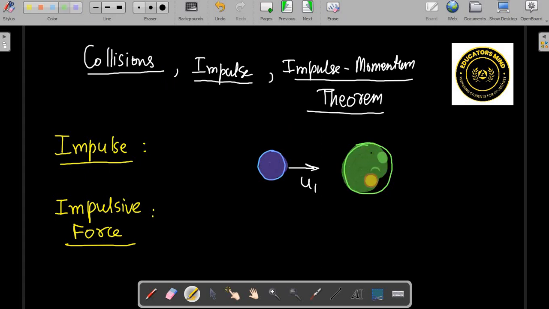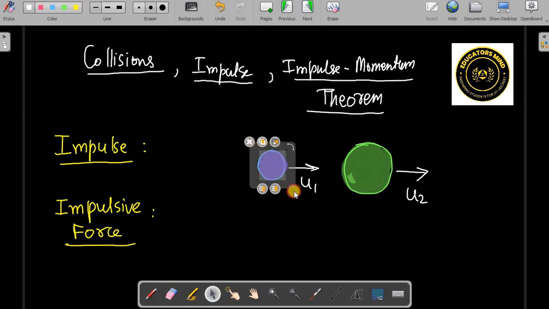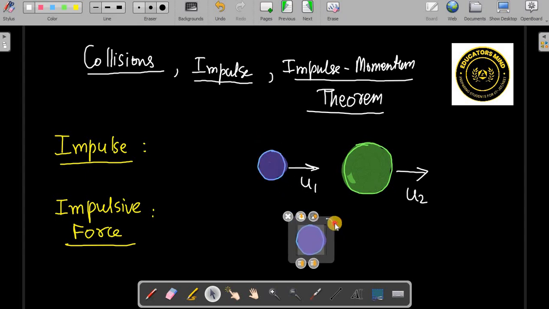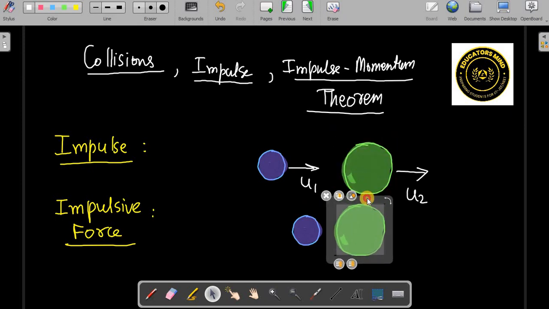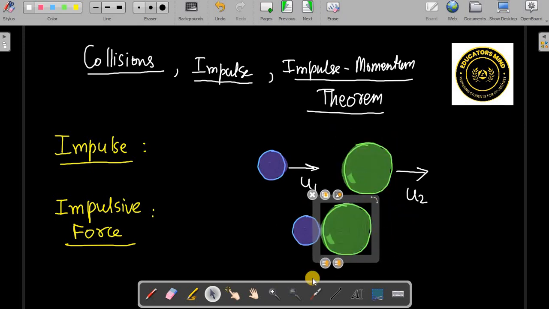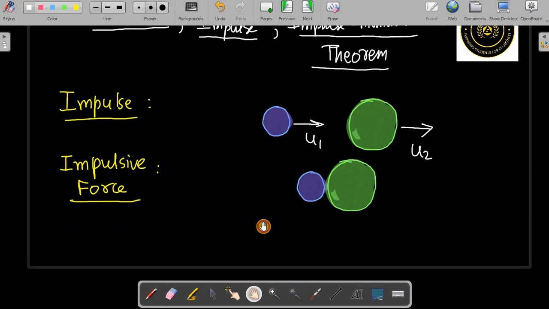I am just drawing velocity as a vector, so signs you can understand, they may not be in the same direction. They are going to collide.